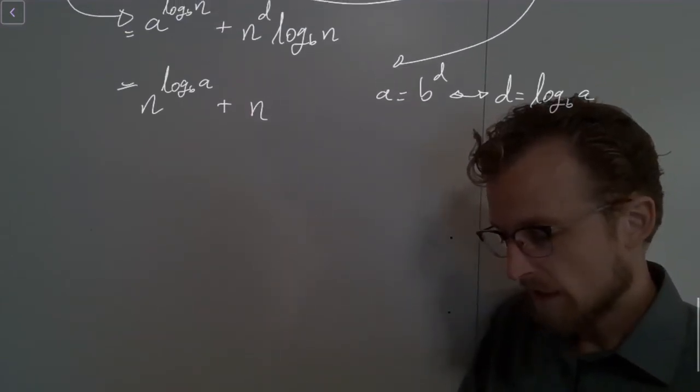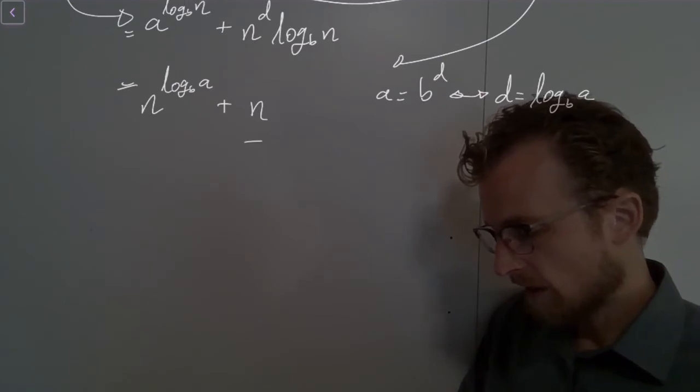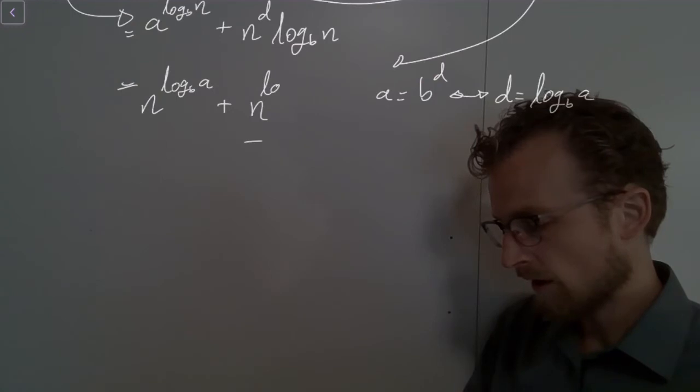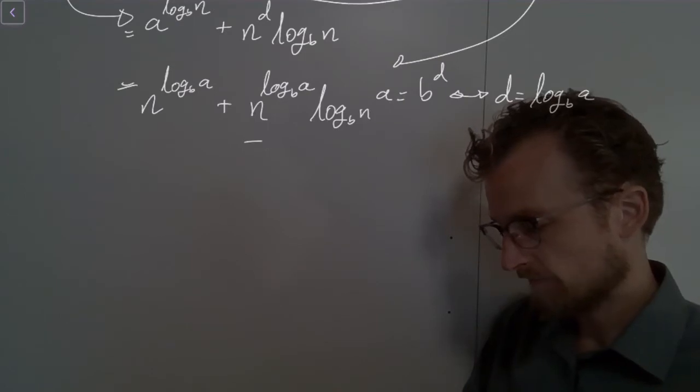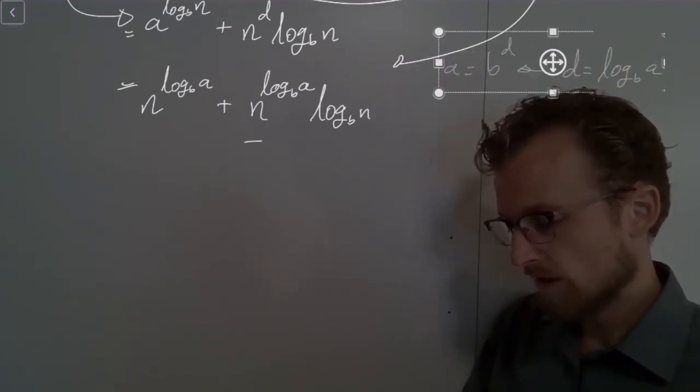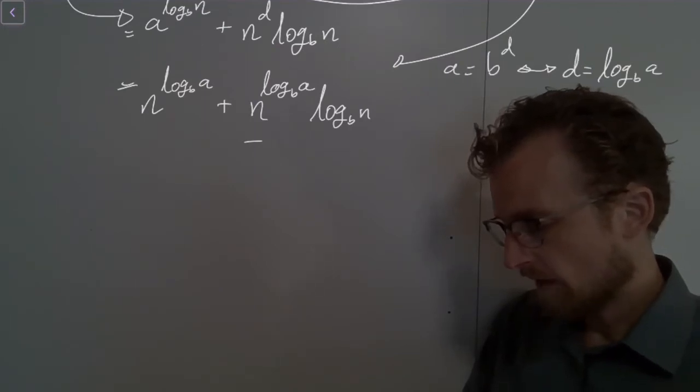But what this means is that this term here we can rewrite in terms of a and b as n to the log base b of a times the log base b of n. Okay, and so just for ease of reading, I can move this a little bit out of the way, and we have the following.